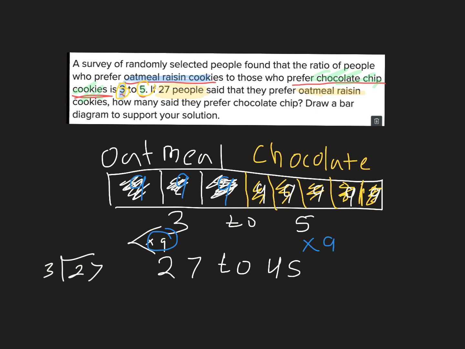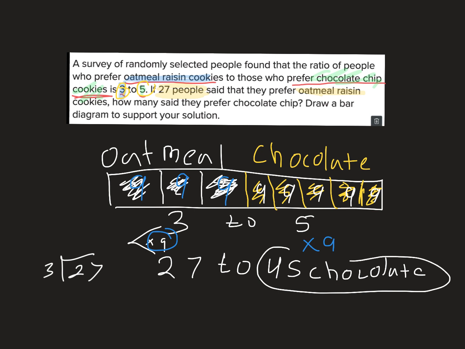Don't forget to label. Chocolate chip cookies. Again, pause, make sure you take notes, make sure they're good and detailed.